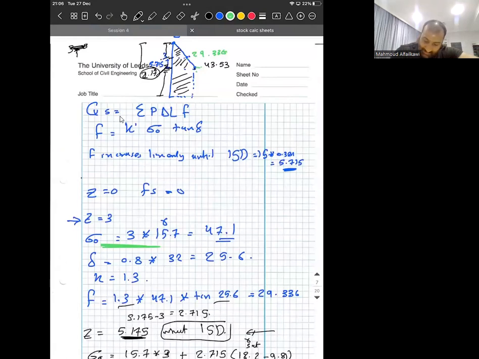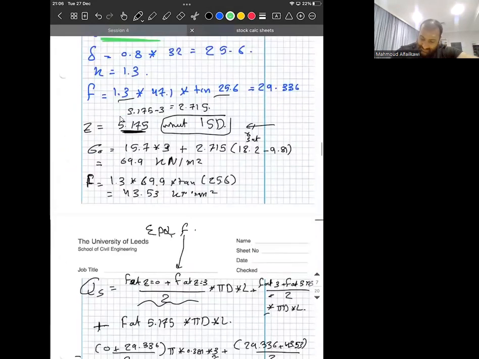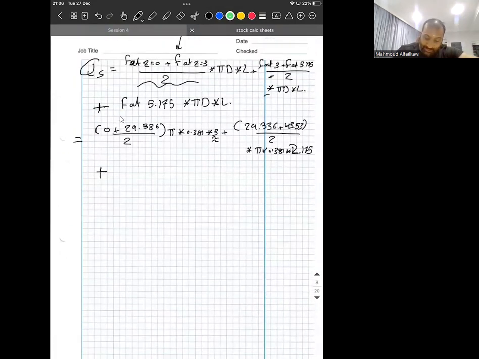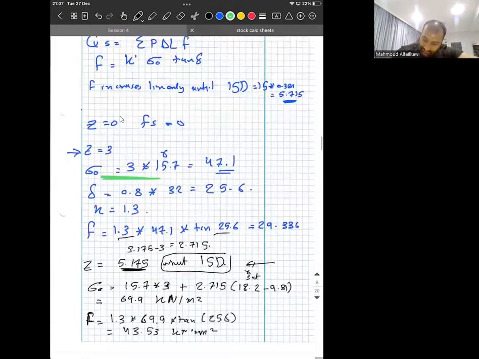This, the thing I'm shading right now, the trapezoid, yeah? Plus now, it's going to be 43.53 multiplied by pi multiplied by 0.381. Now the length is the balance length, whatever is left, which is basically 15.185. Cool. 15.185, which is the remainder now.